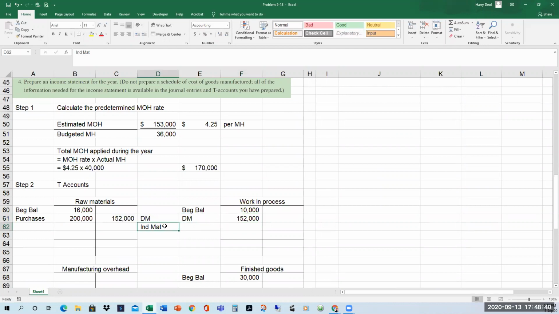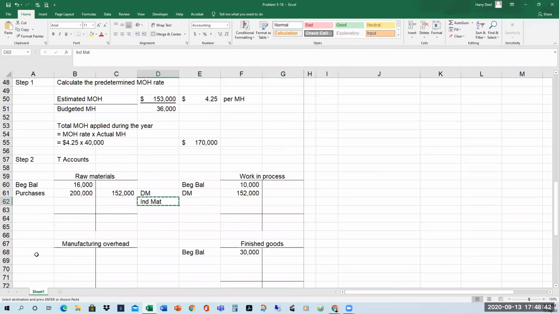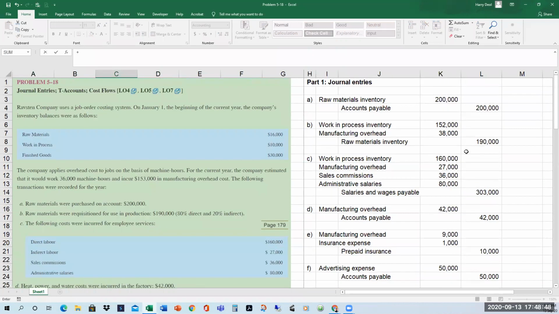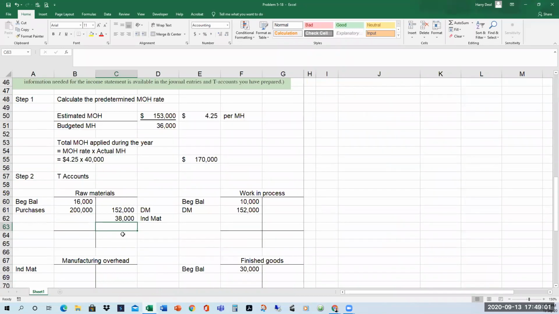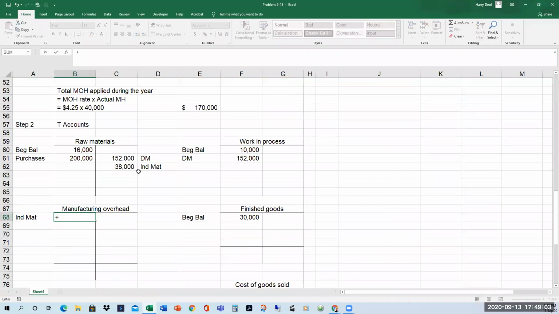The indirect material costs, we credit raw materials and debit the manufacturing overhead account. So debit the manufacturing overhead, and you want to credit our friend the raw materials for that $38,000 as well. Okay. Now notice the total that we credited raw materials is $190,000.